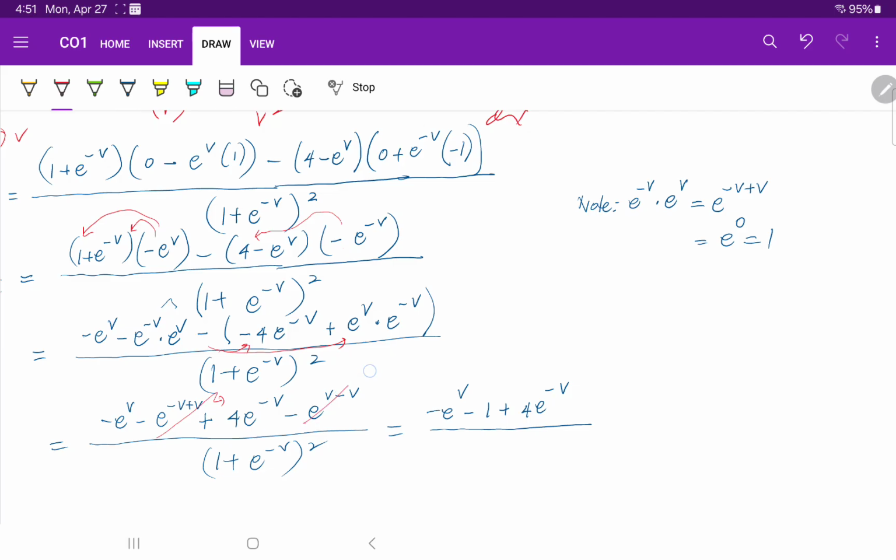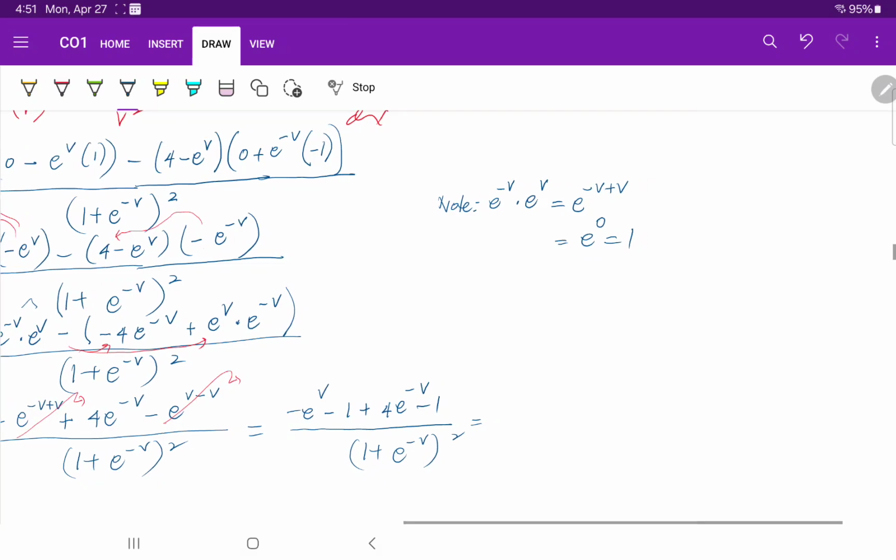This is also 1, e to the v minus v. So that is also minus 1 over 1. Minus 1 over 1 plus e to the negative v squared.